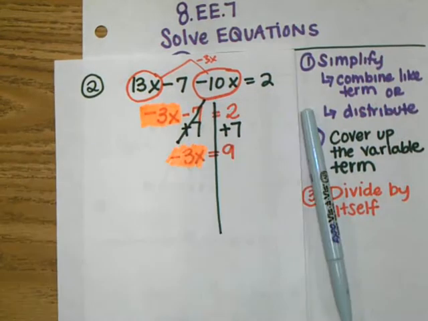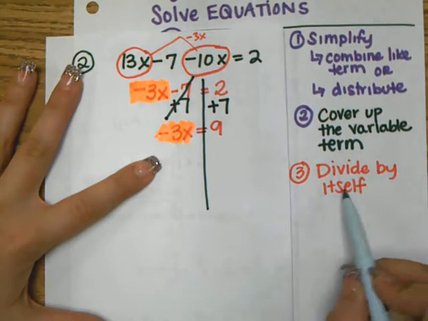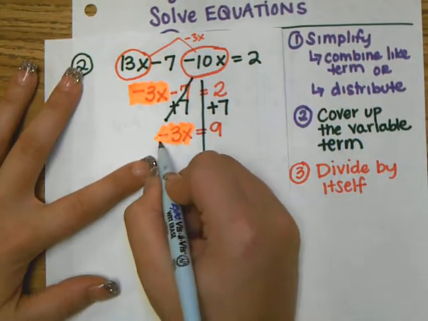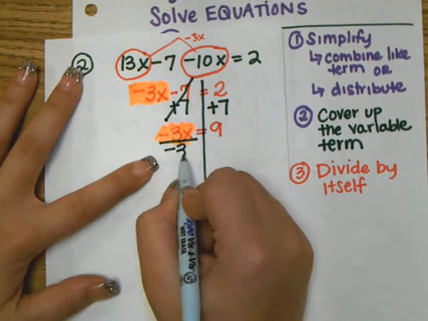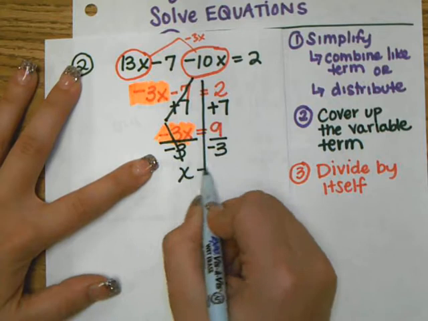Okay. Then, when we have the variable term all by itself, that is when we go to the last step, which is to divide by itself. So we're going to divide both sides by negative 3.